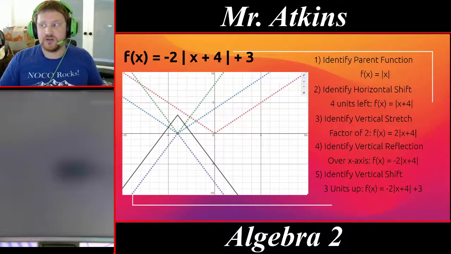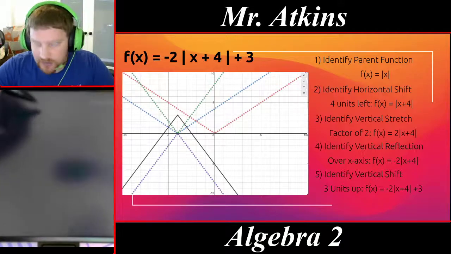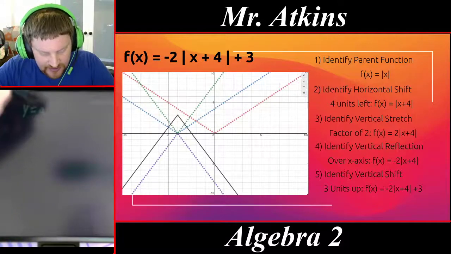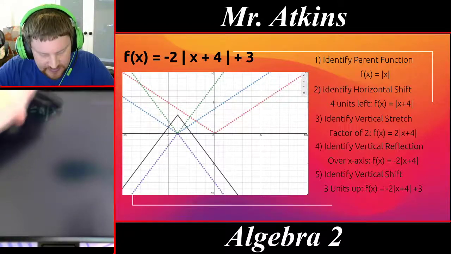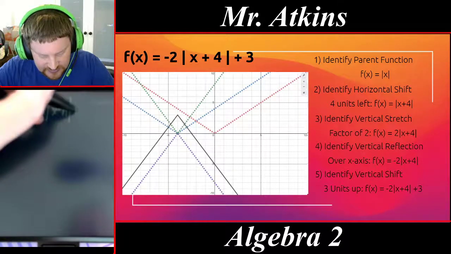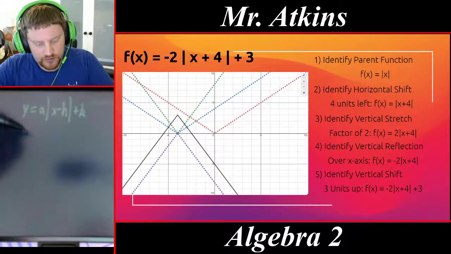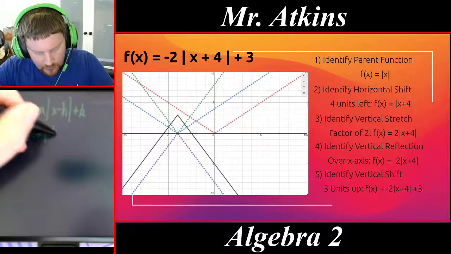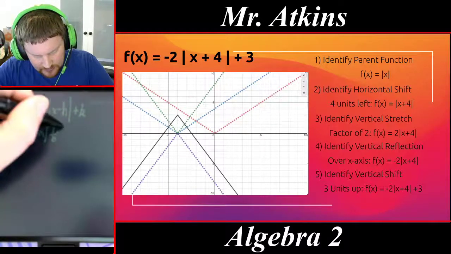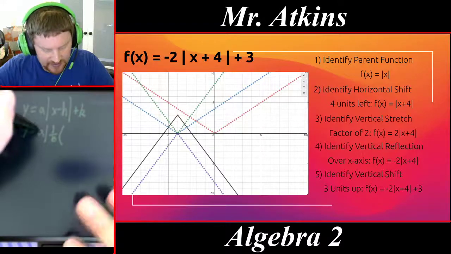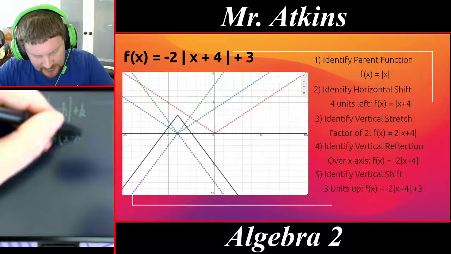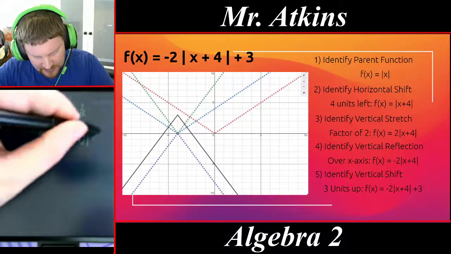So the way you're going to do that is they're going to either ask for it as y or f of x equals a times the absolute value of x minus h, plus k, or they're going to ask for it in this form, 1 over b times, they wouldn't have an a in this case, so it would just be 1 over b times the absolute value of x minus h, plus k.